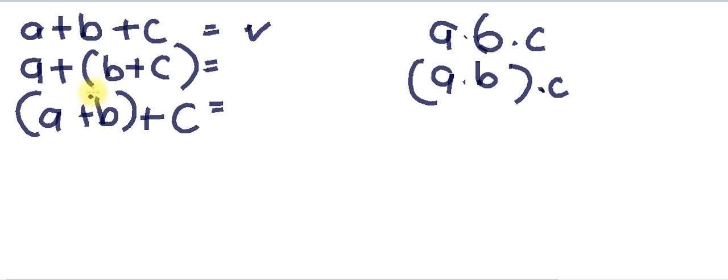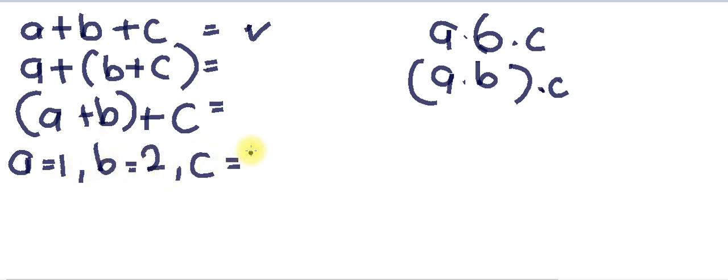If you want to test whether this rule is true or not, we can plug in real values. For example, a equals 1, b equals 2, and c equals 3. For the normal operation, we get 6.